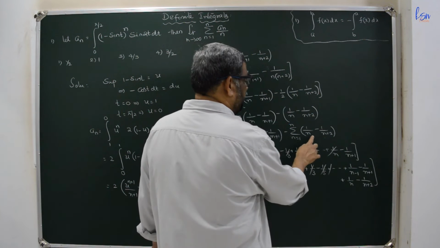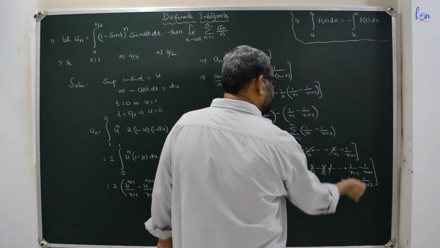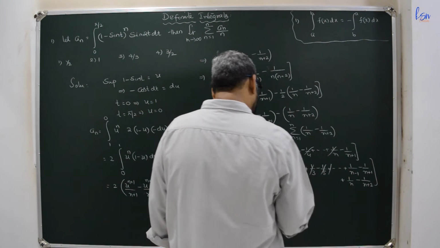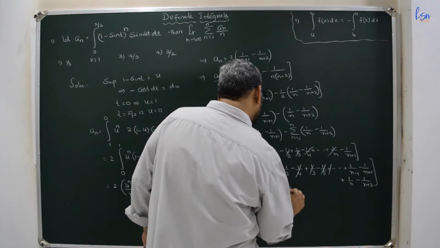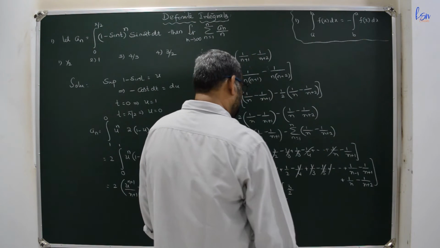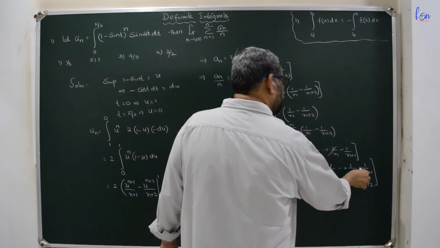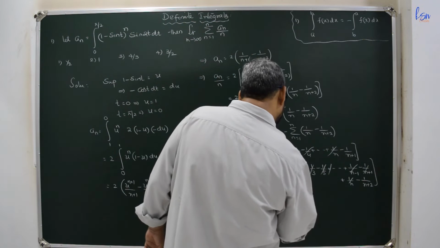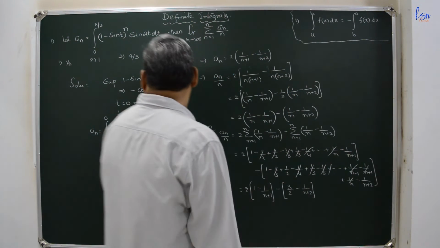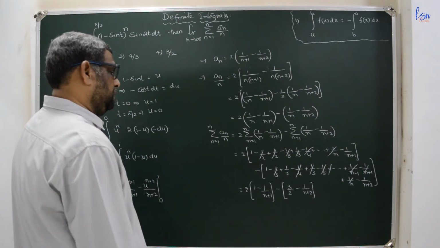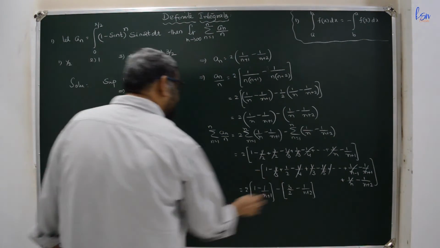Before this, if you put n minus 1 by n minus 2, some of the terms will be cancelled. This is 3 by 2 minus, and here these terms get cancelled, minus 1 by n plus 2. So now this is the result.